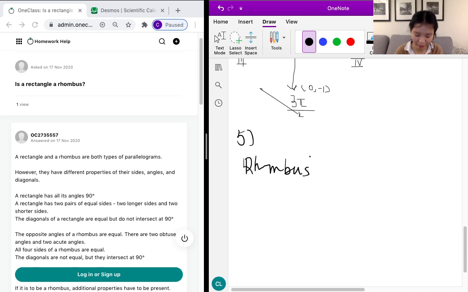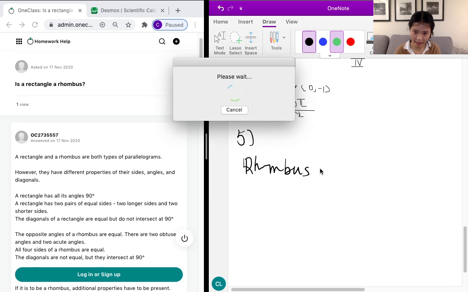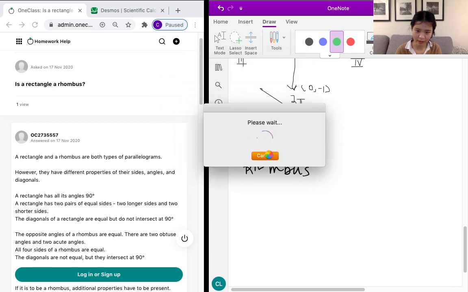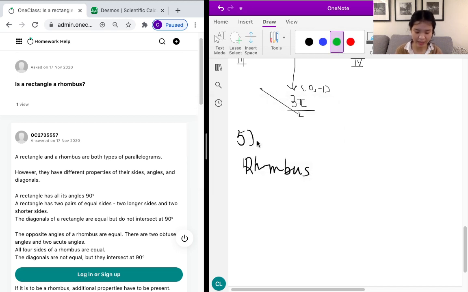In Euclidean geometry, a rhombus is a geometric shape with 4 sides of the same length.